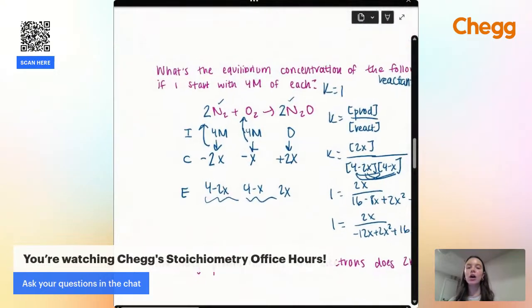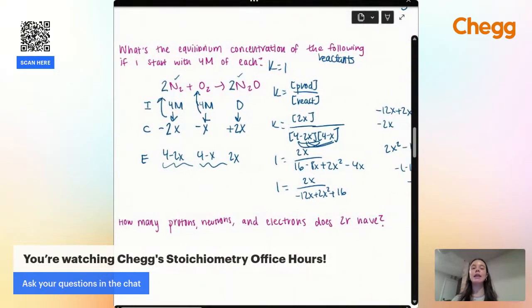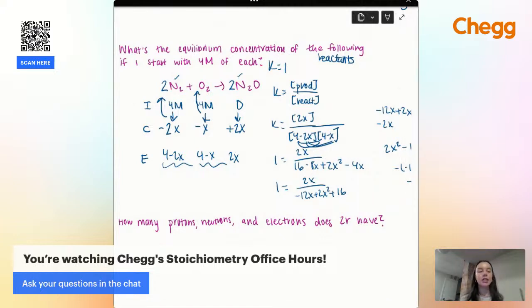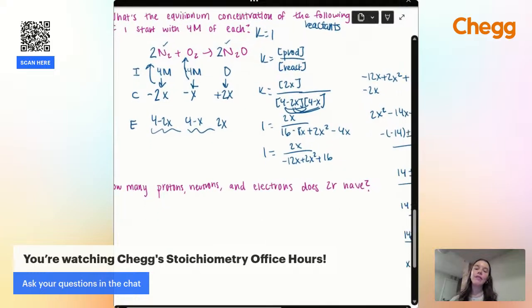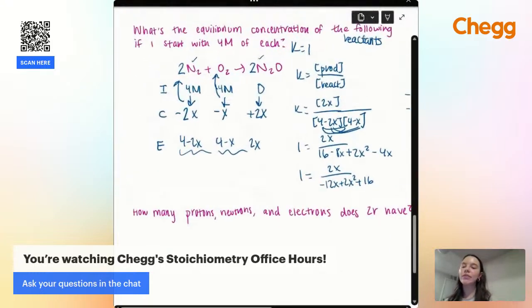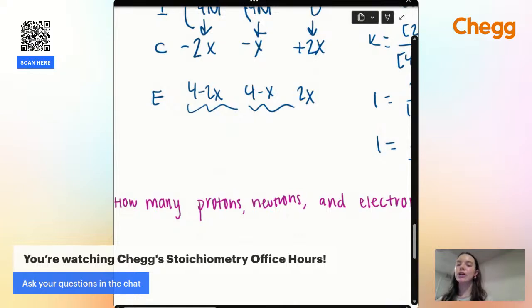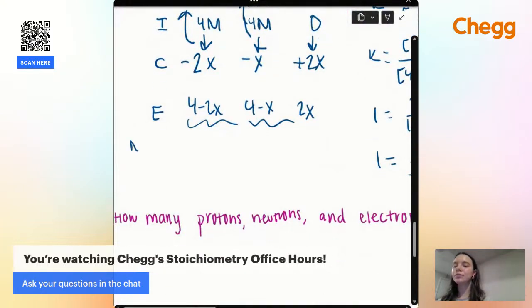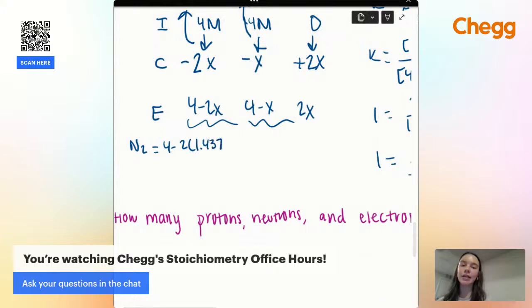And now our problem asks to find the equilibrium concentration of each of the following. So we want the equilibrium concentration of nitrogen, oxygen, and nitric oxide. So we are going to plug in that value of x, 1.4375, for all of these. For N2, we have 4 minus 2 times 1.4375.